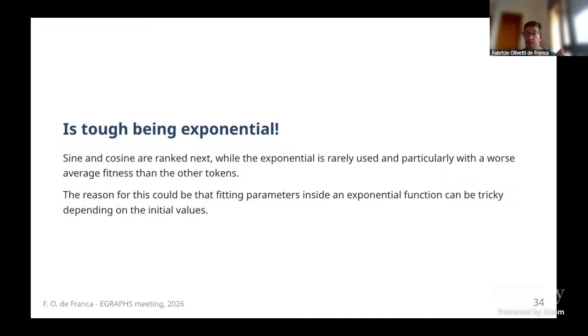But the thing is that the exponential is very difficult to fit using nonlinear optimization. And then very often when we try an exponential function, it gives us a bad loss value, and then we discard that, right? But we can also try to explore the solutions that use the exponential.